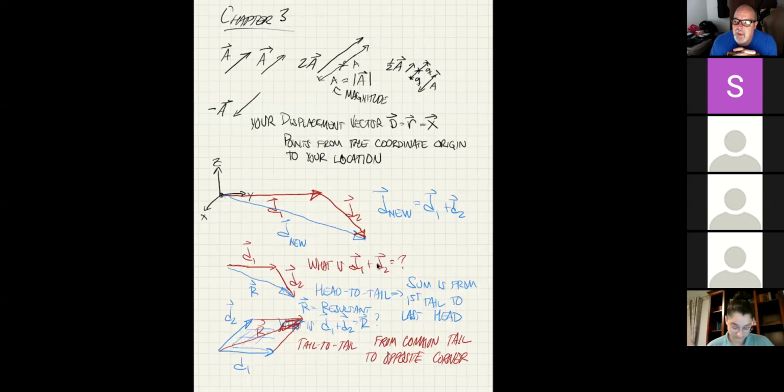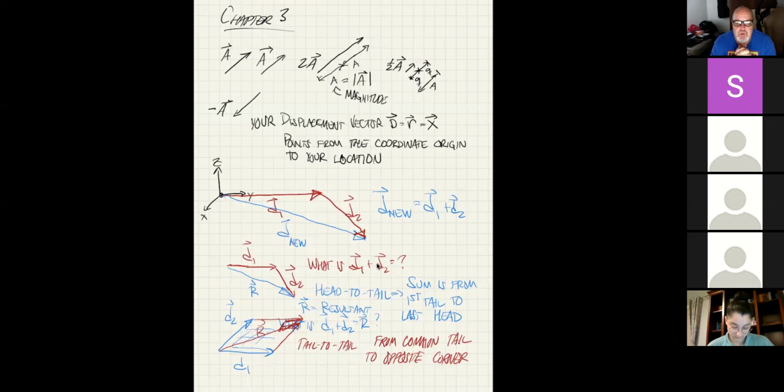If I multiply it by a number smaller than 1, then I shrink it by exactly that factor. So if I multiply it by 1/2, and the vector was originally 10 meters long, now it's going to be 5 meters long, but the direction will be the same. The time you change the direction is when you multiply by a negative, and in that case, you flip it around 180 degrees.